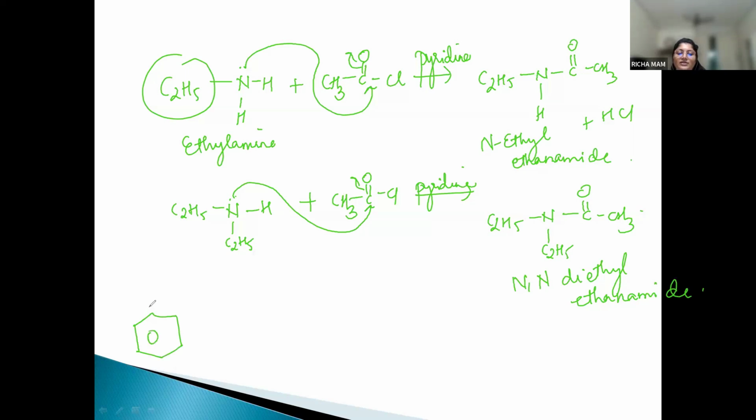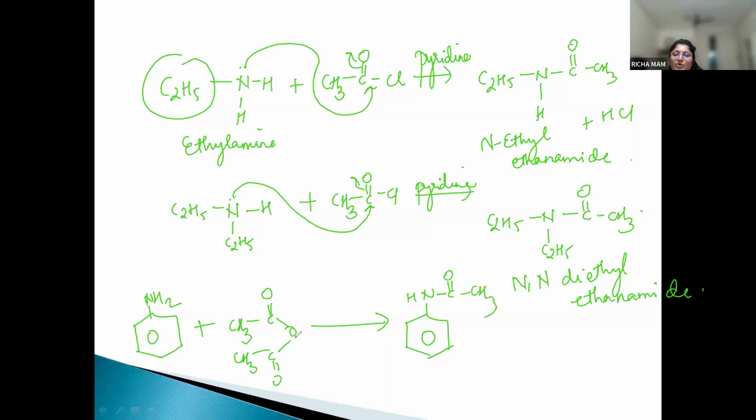One more example I can give you. Take aniline. You can also react it with acetic anhydride. So what will be the reaction? The hydrogen of this NH2 is replaced by NH, C double bond O, CH3.